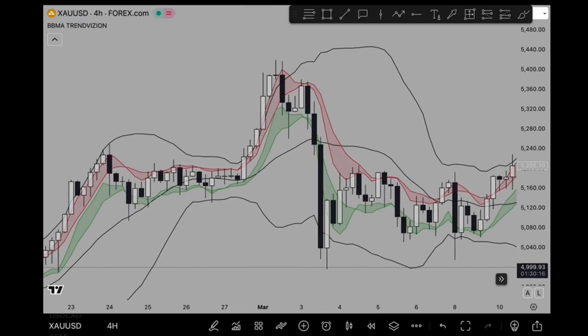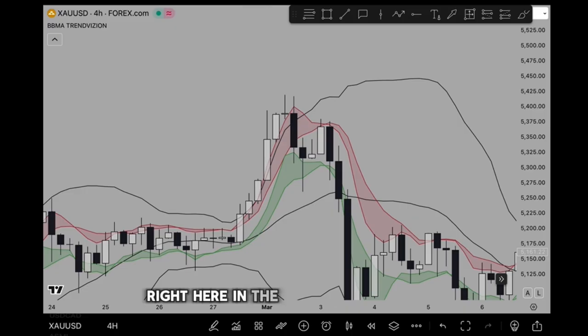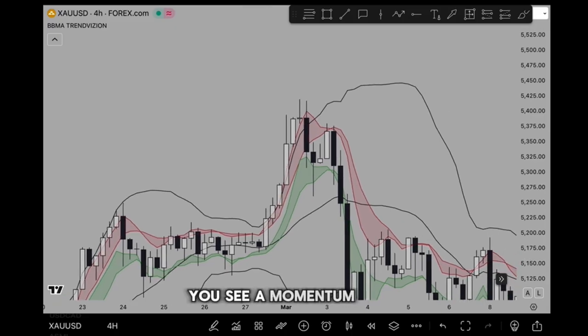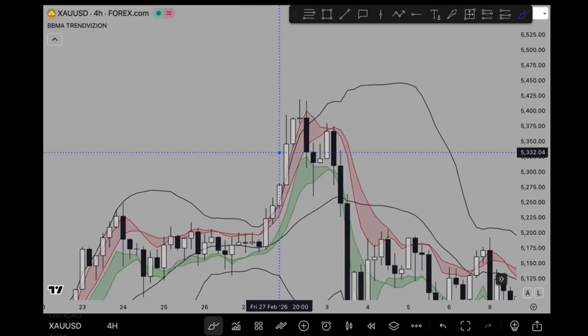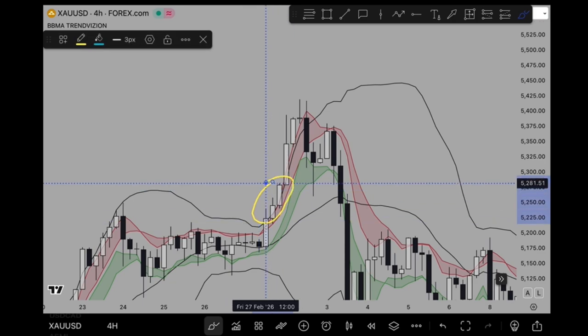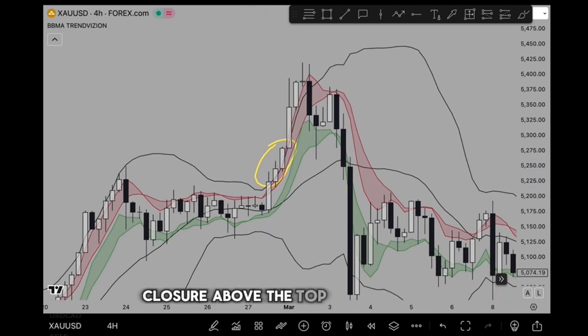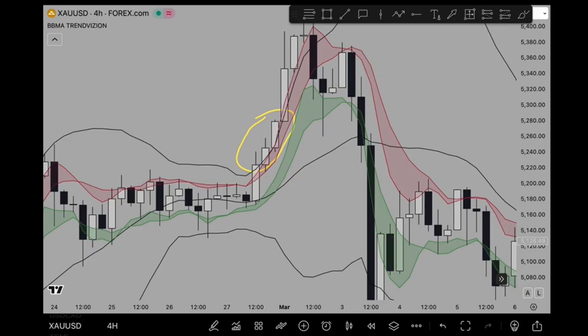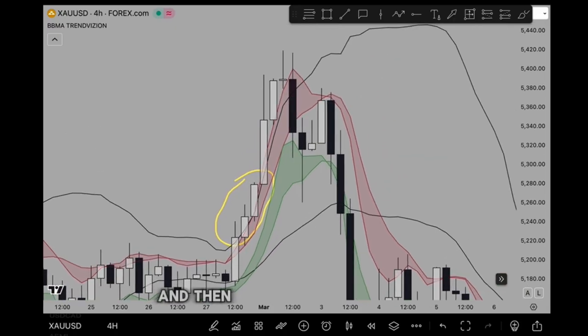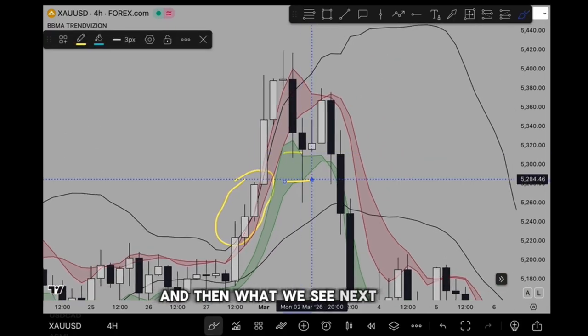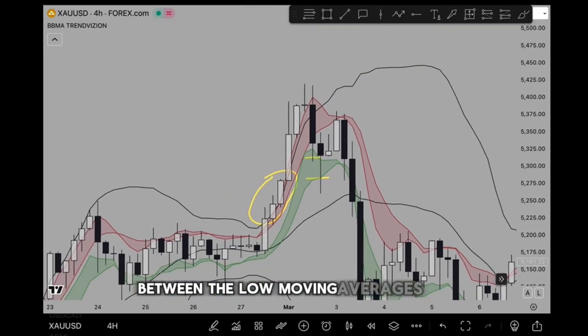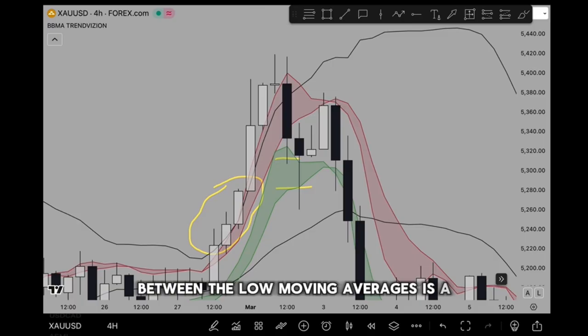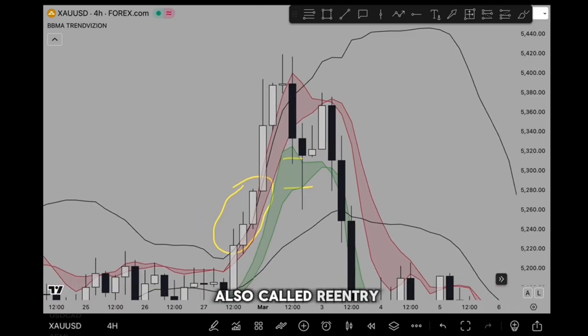Then right here, in the middle of the screen, you see a momentum, a CSM. Closure above the top Bollinger Band and moving averages. And then what we see next, between the low moving averages, is a retest, also called re-entry.